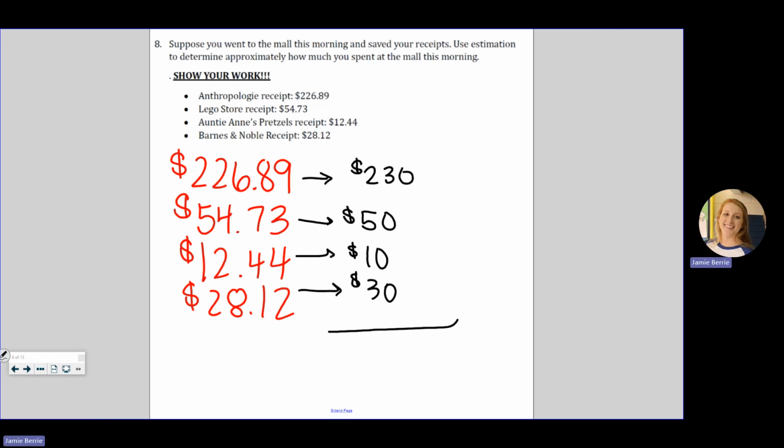Another 30, 320. So you spent about $320. That's all you have to do. All you gotta do is show me how you estimated and then add up your estimates.